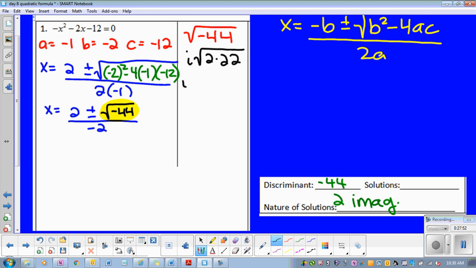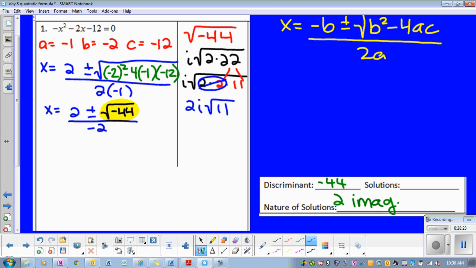So then the i is still out there. The 2 can come down, but the 22 breaks down into what times what? 11 and what? 2 times 11, okay. Can I break any of those down? No. Do I have 2 of the same? Yeah. So one of those can come out. So now it's 2i root 11.